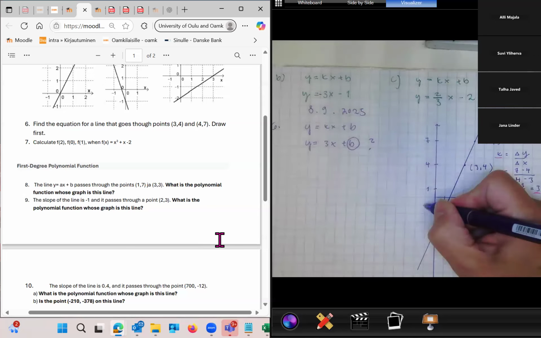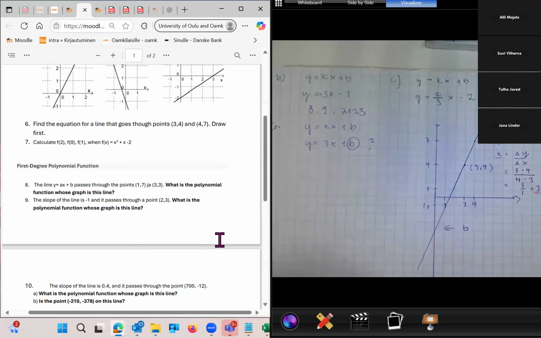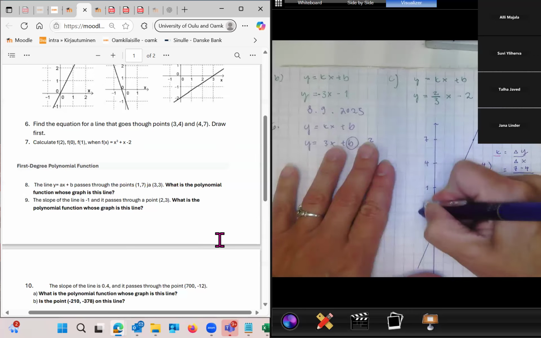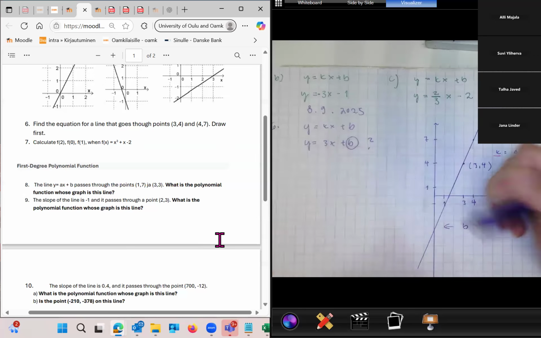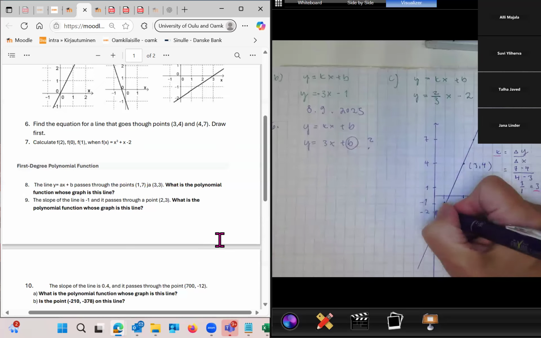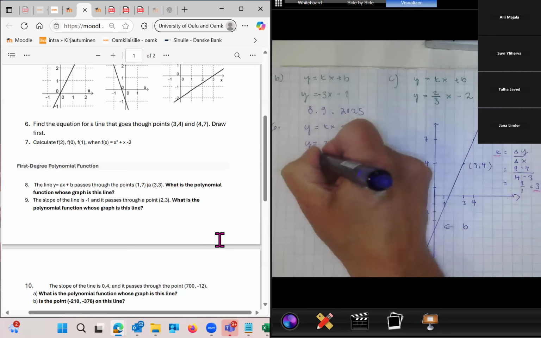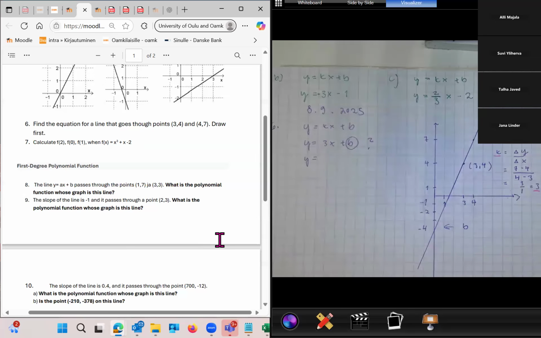So here we would of course go -1, -2 and so on. So we would be here in -4. So it looks like my b is in -4.